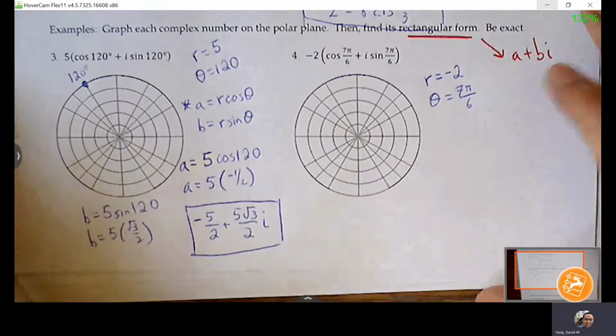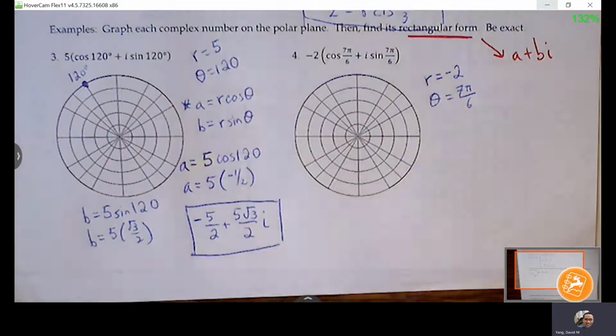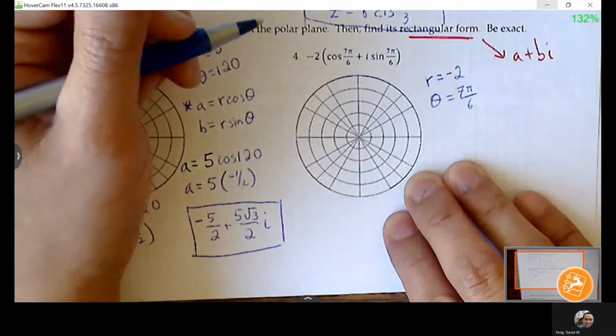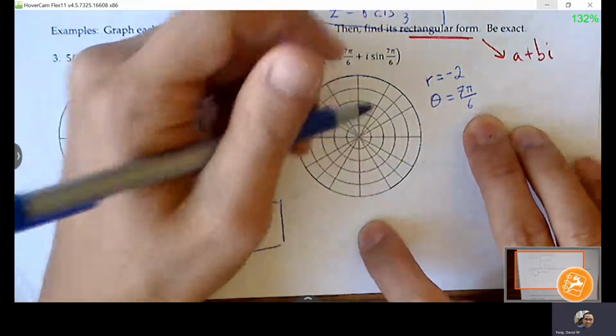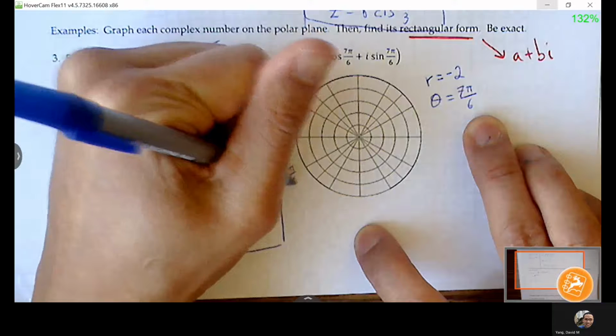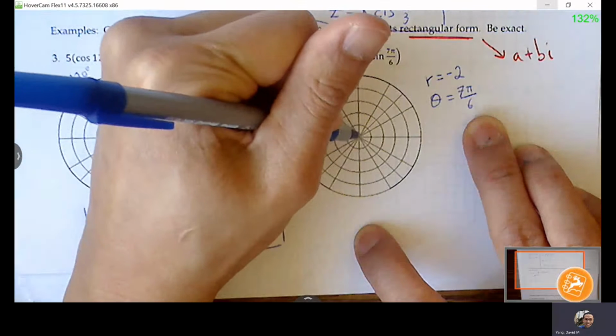Give you guys a chance to try it first, and then I'll show the answer. Okay, which quadrant is 7 pi over 6? Third, okay. Towards or away?